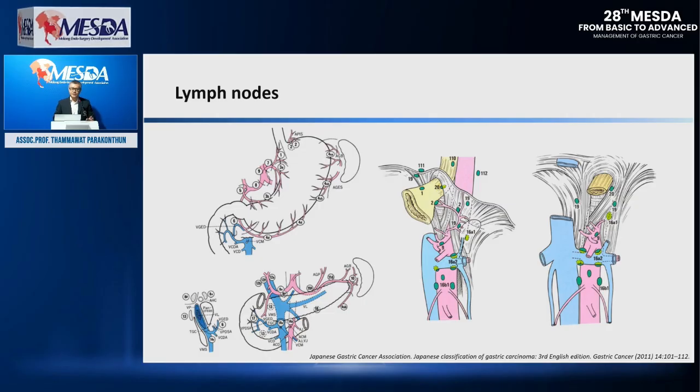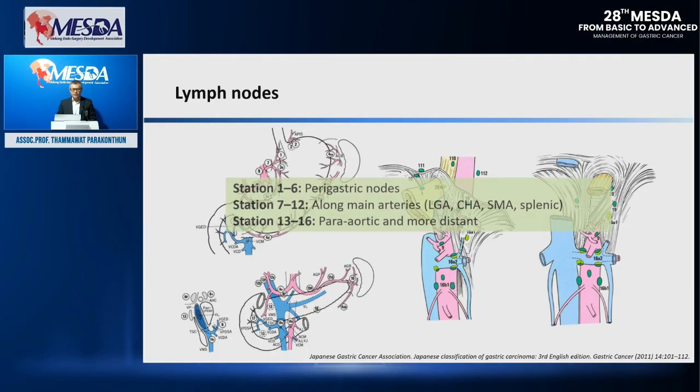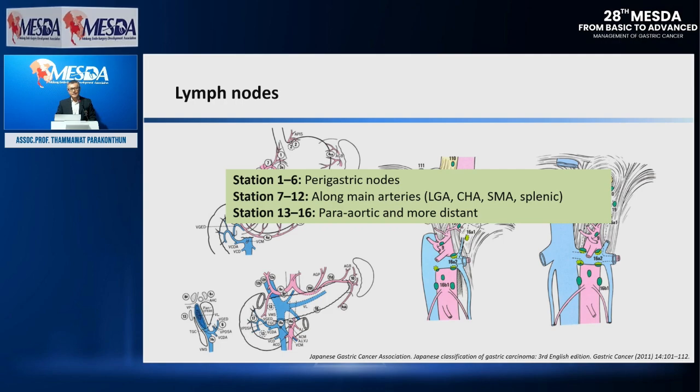The Japanese Gastric Cancer Association classified the lymph nodes according to the location of the station away from the primary tumor site, and they recommend lymph node dissection along with this classification. We can remember it easily like this: stations 1 to 6 are the lymph nodes located along the perigastric area.